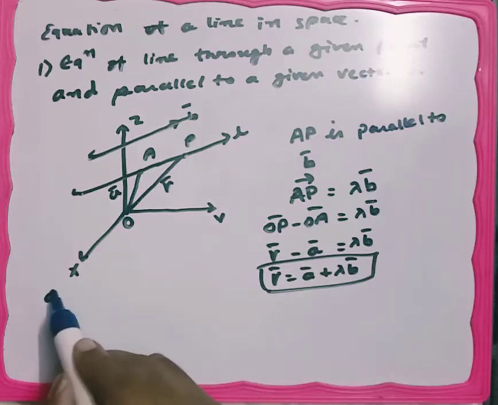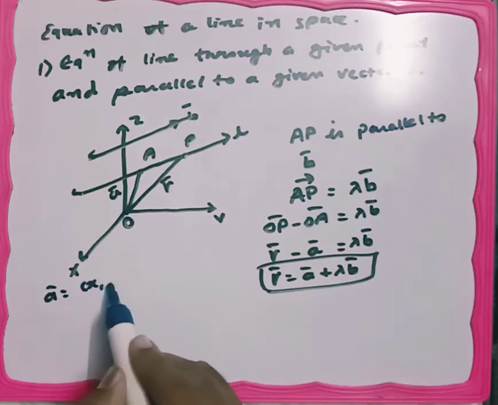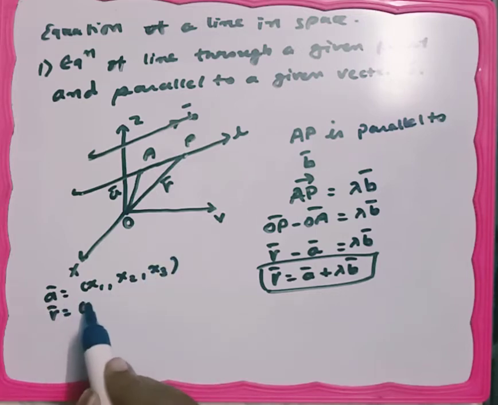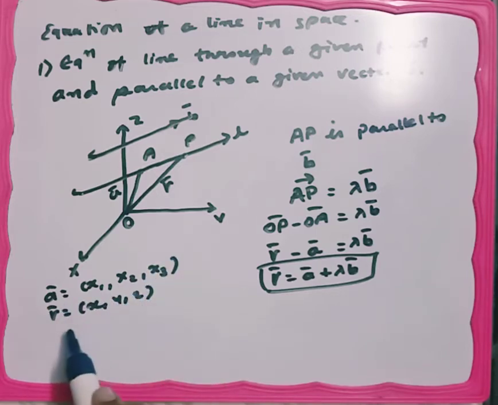Now A bar we take as any point x1, y1, z1. R bar we take as arbitrary point x, y, z.